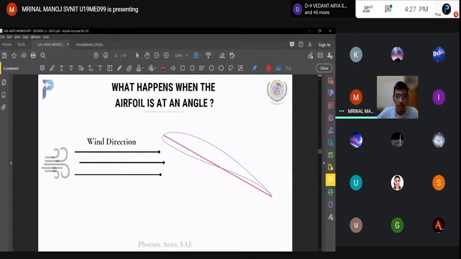Now, we can see that the wind direction is hitting the airfoil. Imagine you take the wind direction down below. You have the wind coming this way.